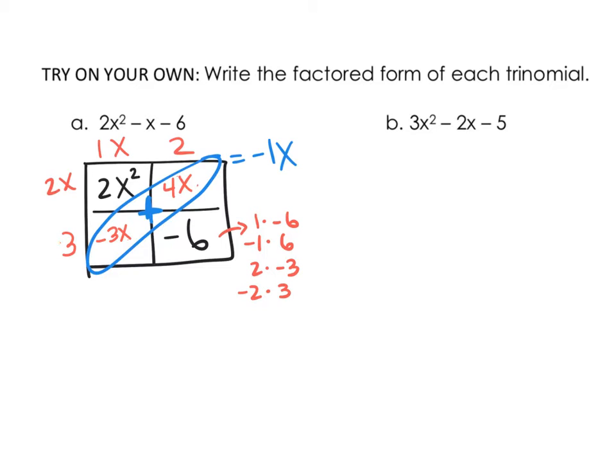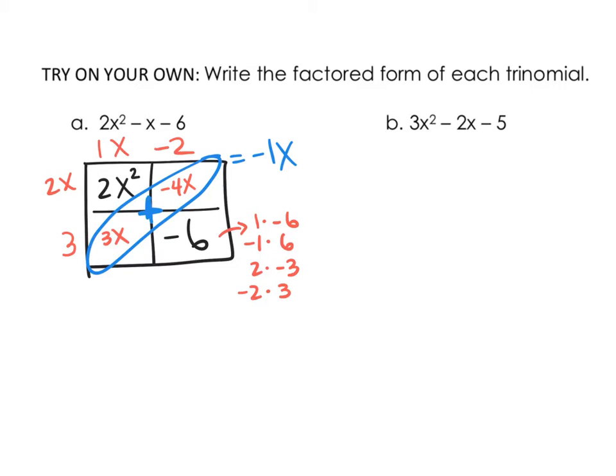So let's try a negative 2 and a positive 3 this time. So if I do that, let me erase my options that I had. Negative 2 times 2x would give me a negative 4x. And 3 times 1x would give me a 3x.